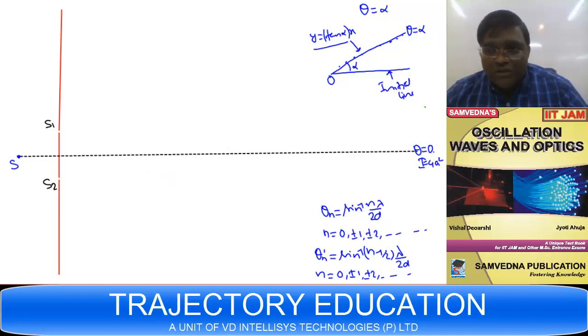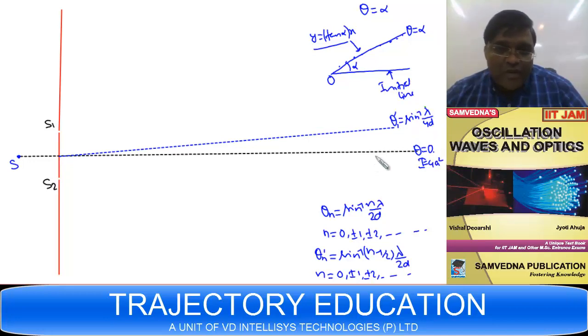Thereafter, for n equal to 1, you will have a minima. So I'll draw the line. This can be, say, a minima. The minima will be formed at theta 1 dash equals sine inverse lambda upon 4d. So I have drawn minima using a blue line.